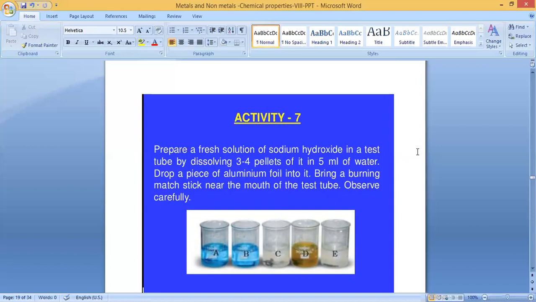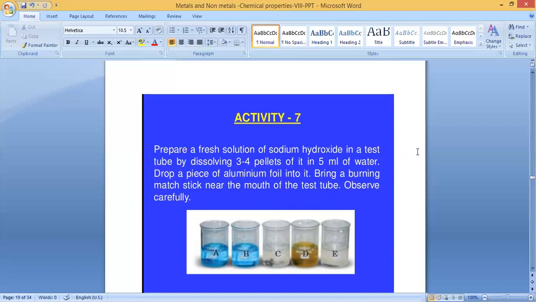Okay, it dissolved, the base is ready. Then you add a piece of aluminum foil into this. In the picture you can see the aluminum foil. So one is a base, one is a metal. Bring the matchstick near the mouth of the test tube and observe carefully.